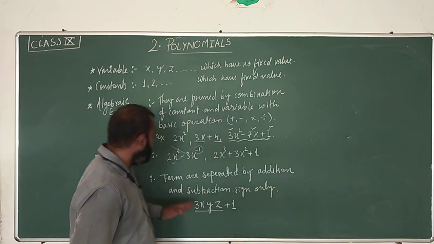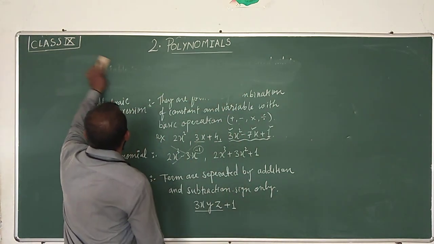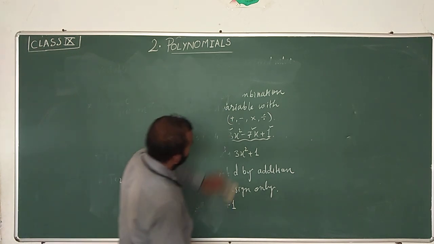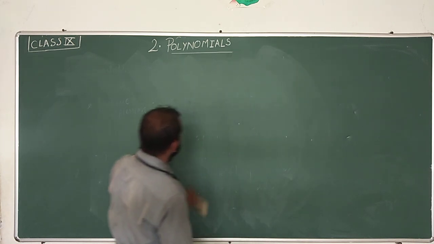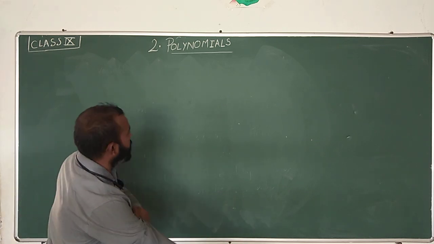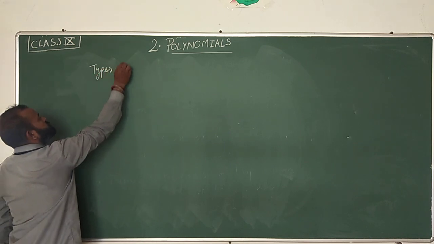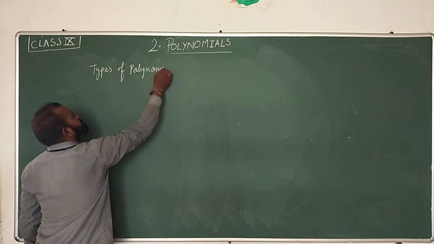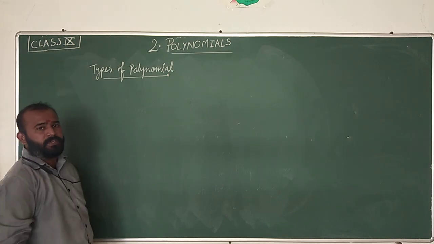Now, on the basis of terms, the polynomials are classified into the following types. See now, on the basis of terms, types of polynomials. The polynomial having only one term is called a monomial.